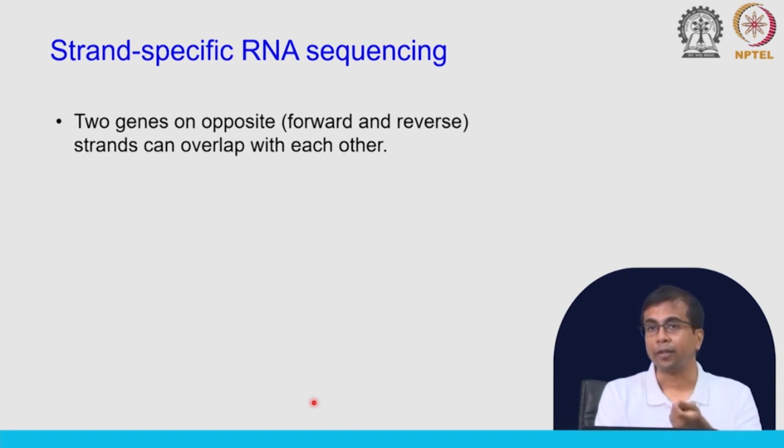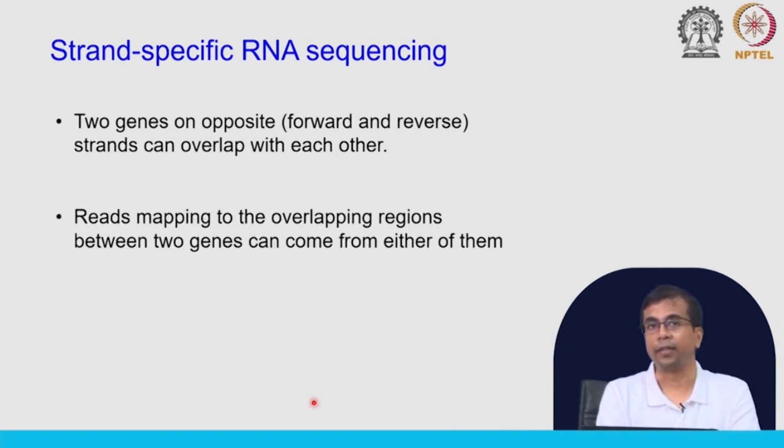Now, which of these two genes is producing these reads? This is very difficult to figure out. If you have overlapping genes on two different strands in a genome, you cannot tell which gene is producing this mRNA and giving you the read data. So, this is a challenge.